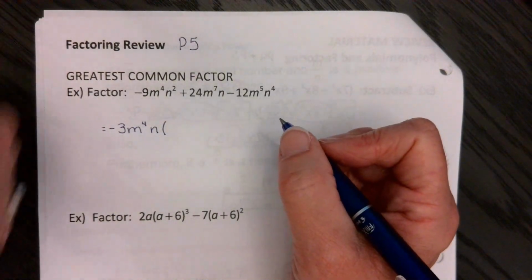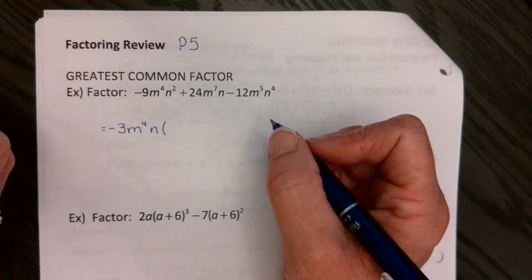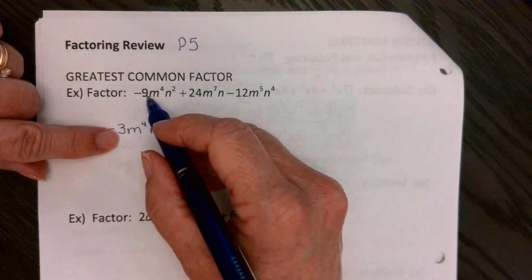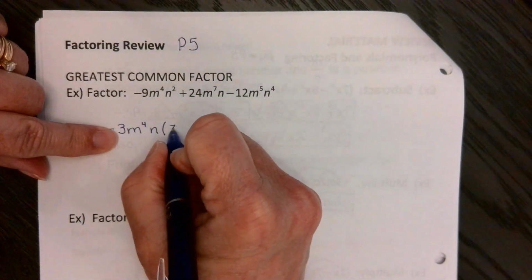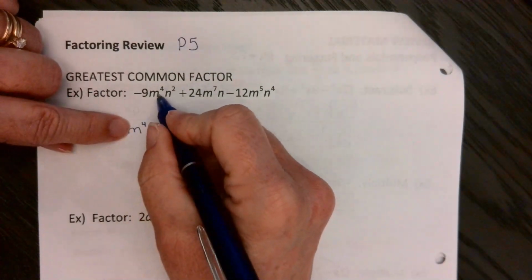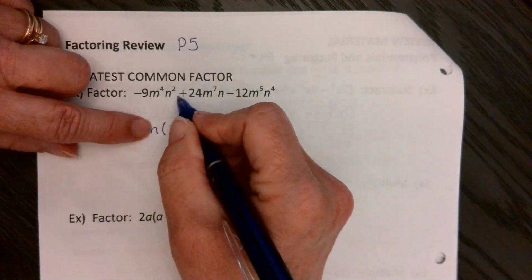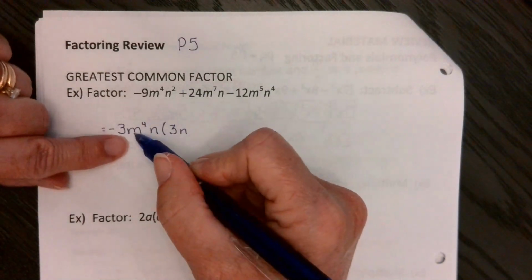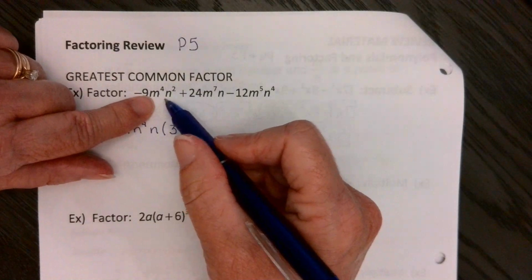Now, what are we left with when we factor out? When you factor out, what you're really doing is dividing this, okay? You want to ask yourself, what times -3 is going to give you 9, which is 3. M to the 4th, we don't need anything. We have an extra n here, n times n. So now when I multiply this times this, I'm going to get that.